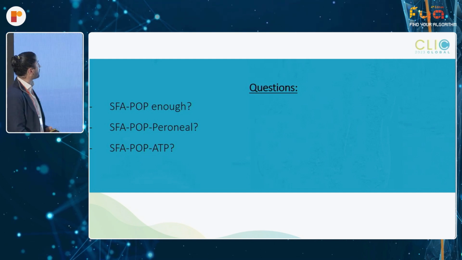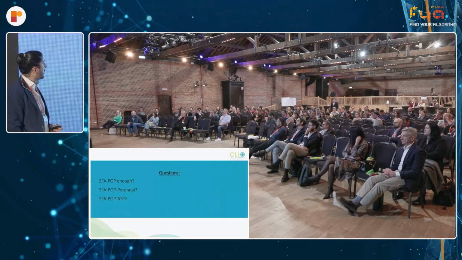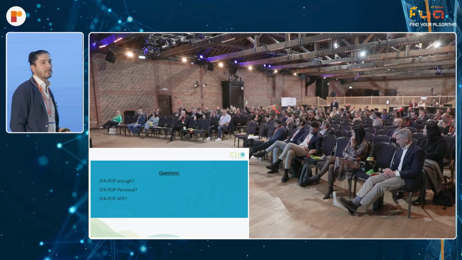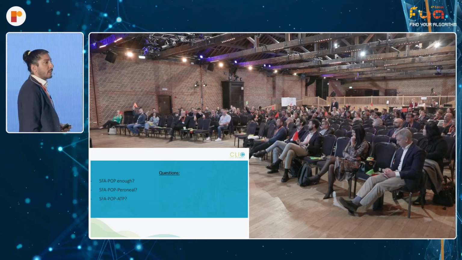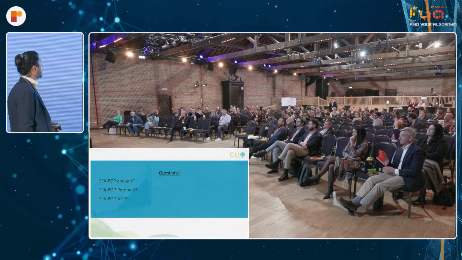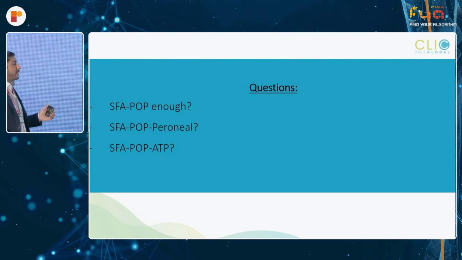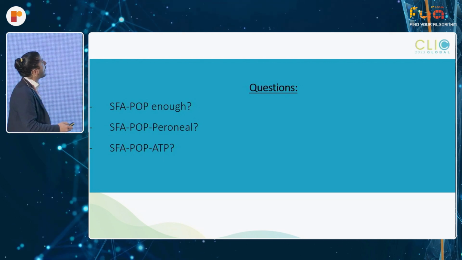Yeah, green for the first, second is going to be red, and the third one is going to be yellow. Green, red, yellow. Yellow, 1, 2. So, okay, most of you decided for SFA POP peroneal and avoid posterior tibial, and nobody decided to go for SFA and POP. It can be enough. Okay.